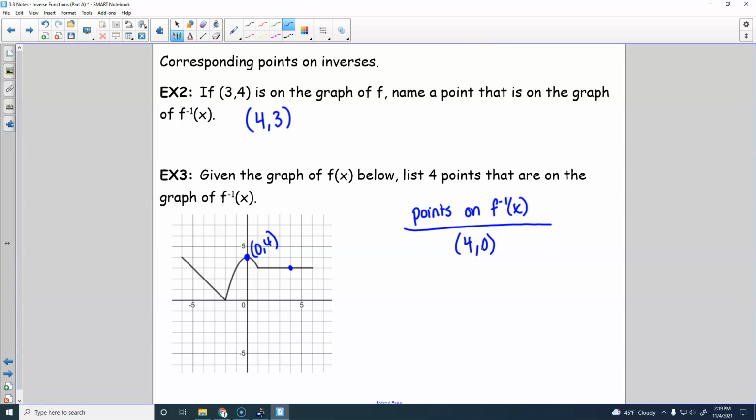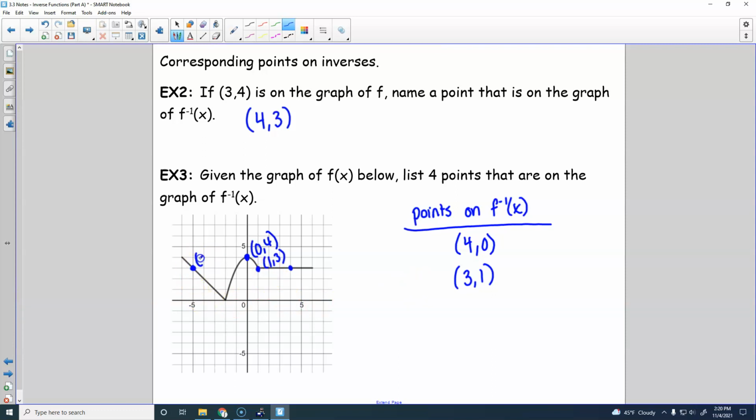Okay, somebody give me another one. Okay, so the point (1, 3) is here. So what point would be on the inverse? (3, 1). (3, -5).